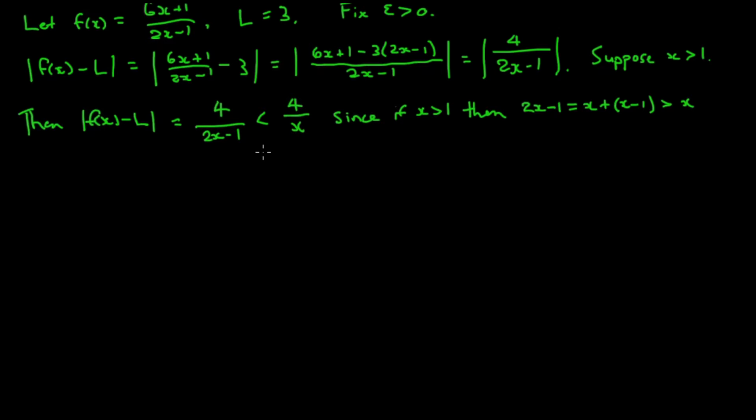Now next we can say that this value 4 over x is less than epsilon if and only if 4 over epsilon is less than x. And we can see that if we multiply both sides of this inequality by epsilon and then divide both sides by x, then we get back to this inequality here.